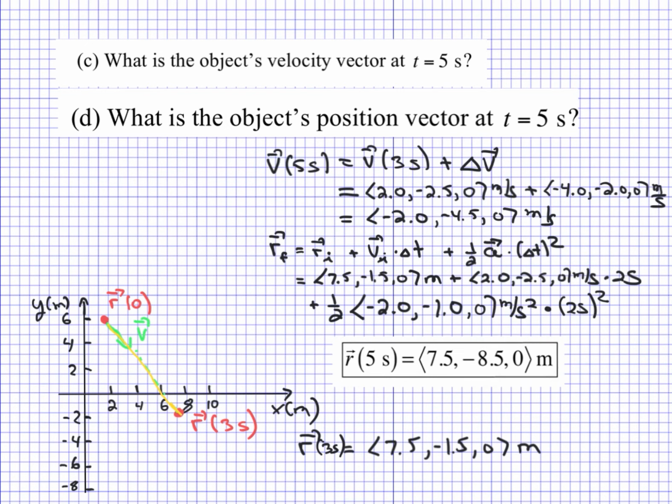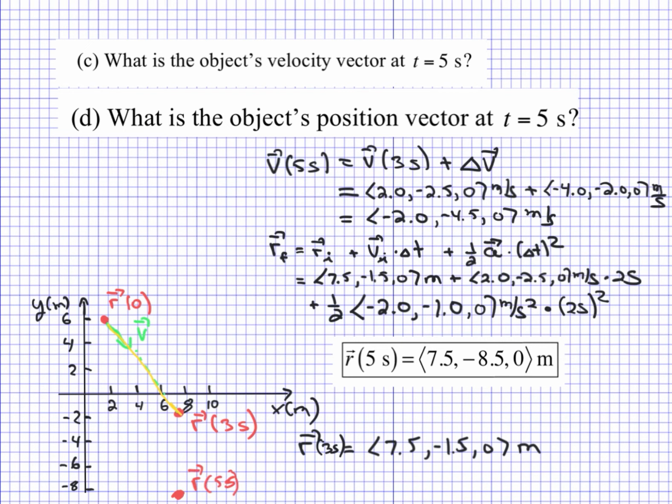But what you find is that the position vector at t equals 5 seconds has these numerical values. So an x value of 7.5, a y value of minus 8.5. So on our little graph here, 7.5 in the x value, minus 8.5 puts us somewhere right around here.